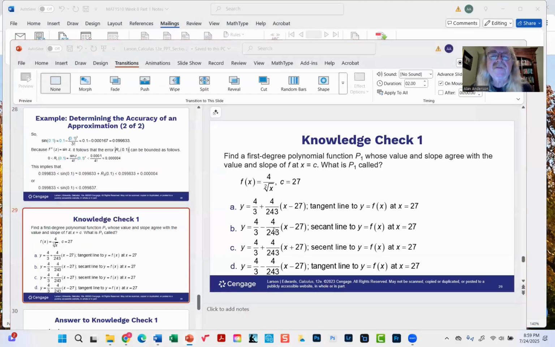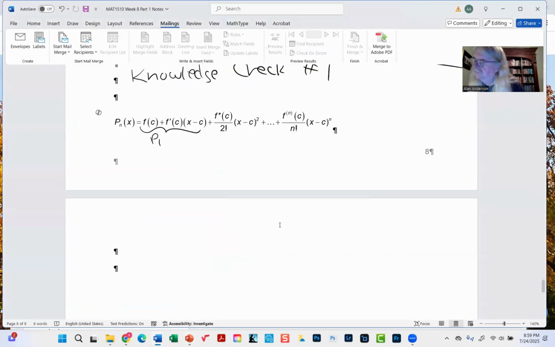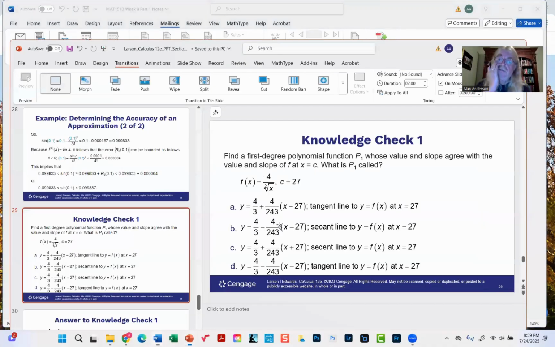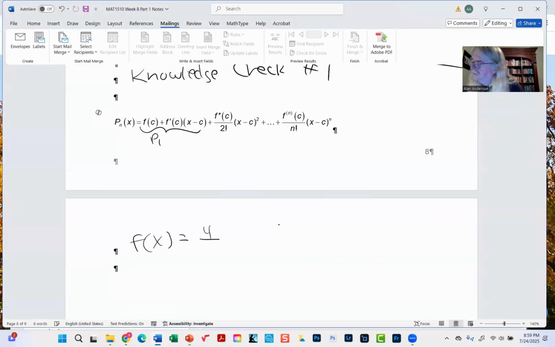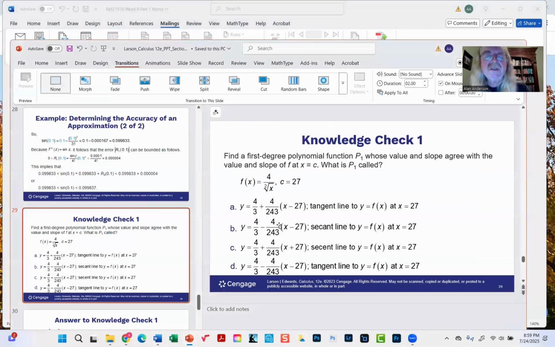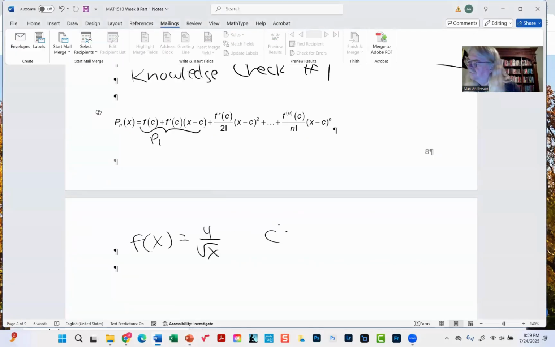And we're being told that the function is 4 over radical x, and the center is 27. All right, so we only need one derivative.